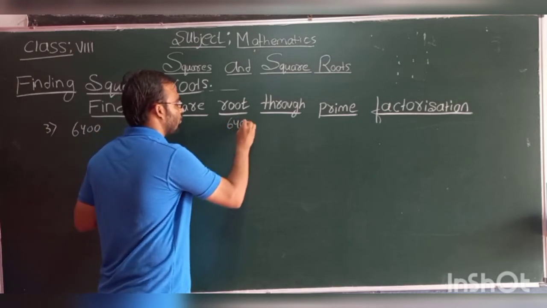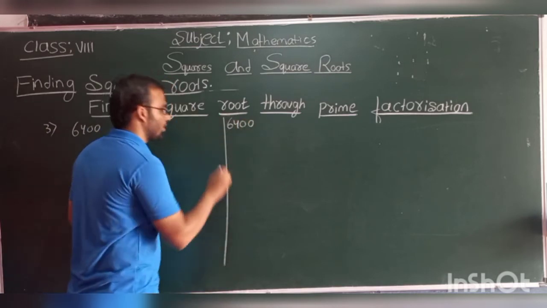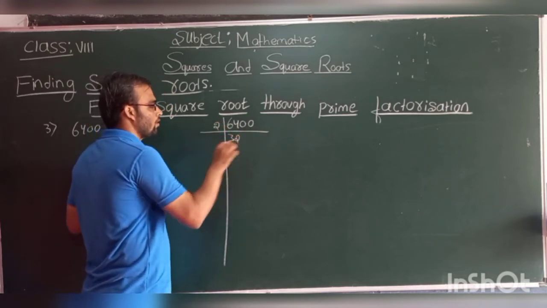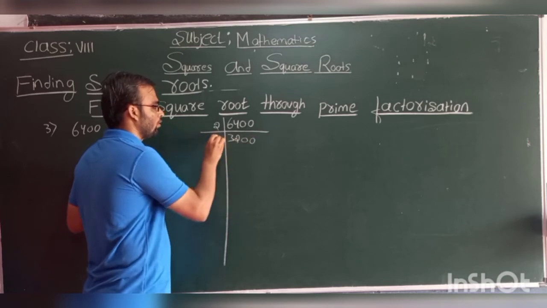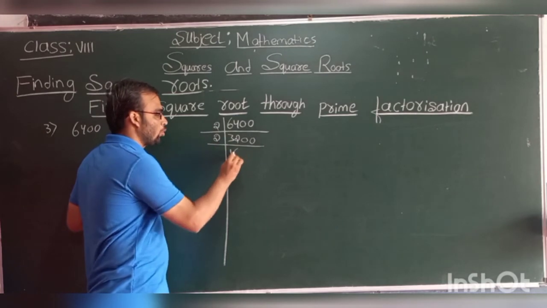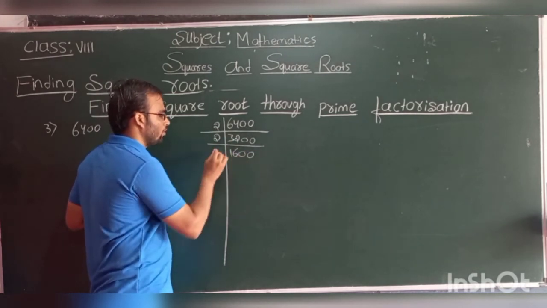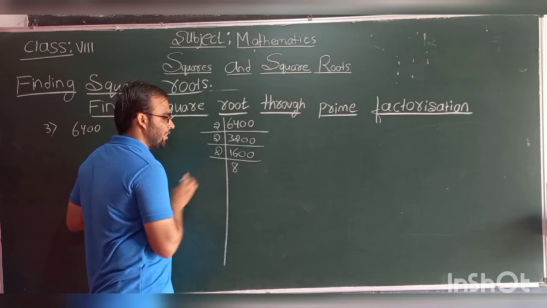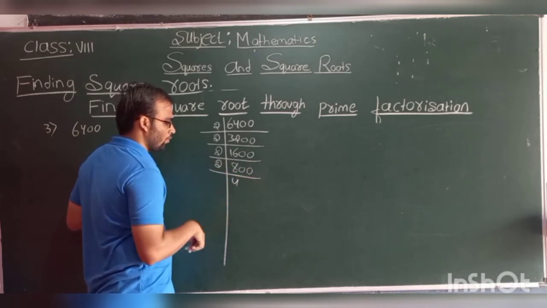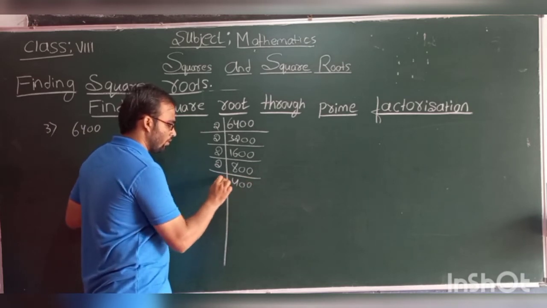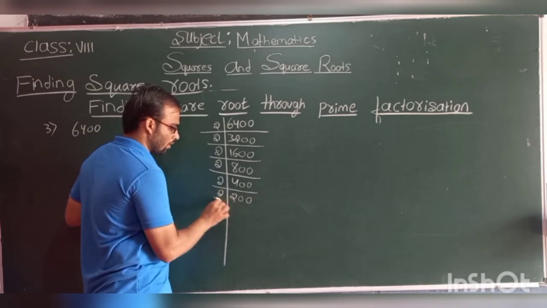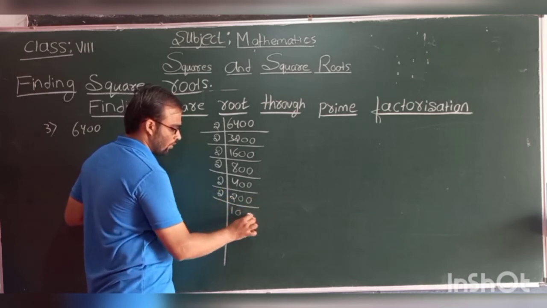Okay, 6400. Just like this. 2 3s are 6, 2 2s are 4, 0, 0. 2 1s are 2, 1 remains, it will become 12, 2 6s are 12, 0, 0. 2 8s are 16, 0, 0. Next, 2 4s are 8, 0, 0. 2 2s are 4, 0, 0. Next, 2 1s are 2, 0, 0.